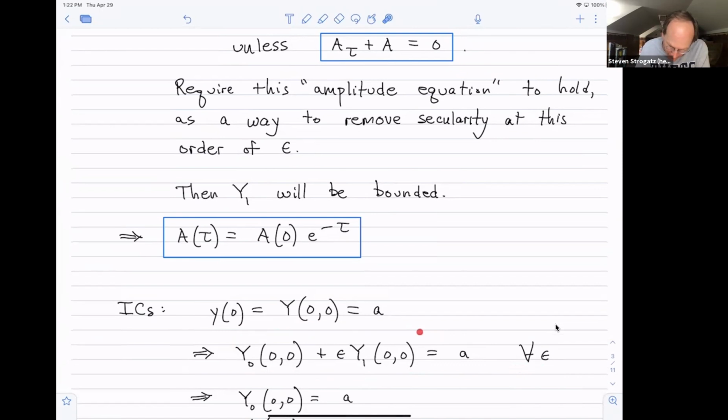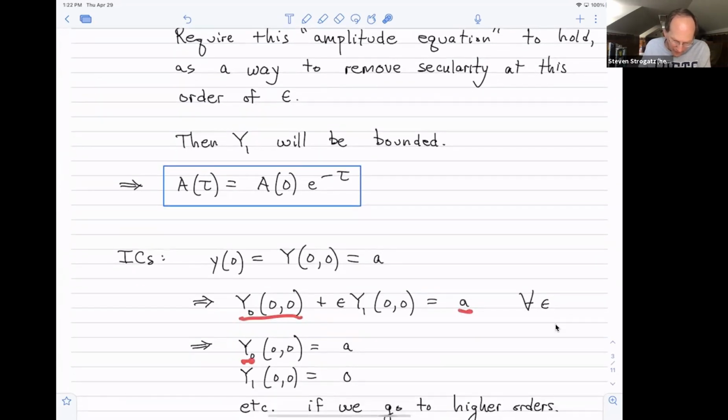Actually, there should be an order epsilon squared term in here, but we're ignoring that. Equating like powers of epsilon on both sides, you get that y0 of 0, 0 is going to be A, whereas this term has no order epsilon stuff to match it. So that initial condition is going to be 0 at the next order, and so on at higher orders.